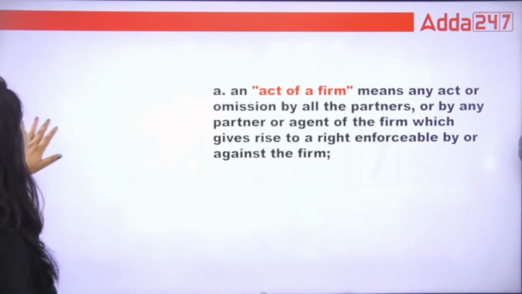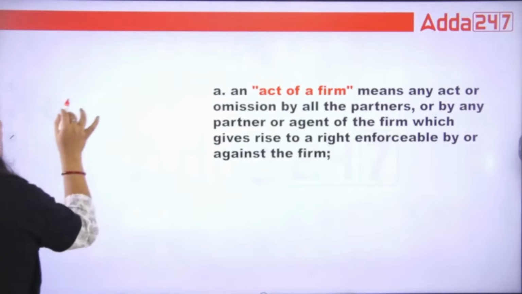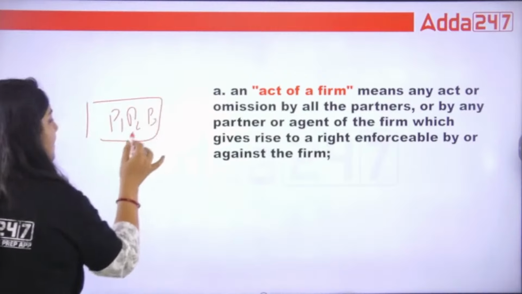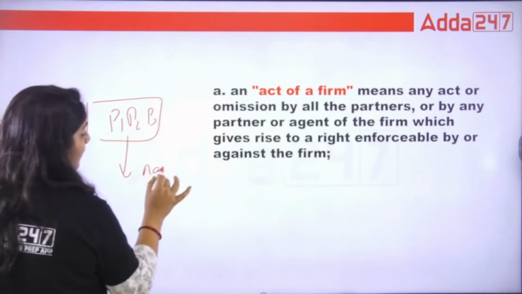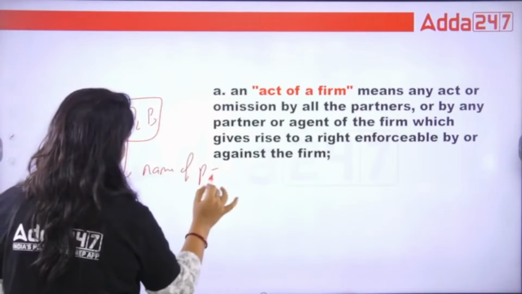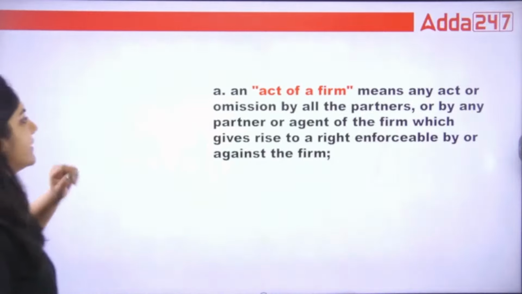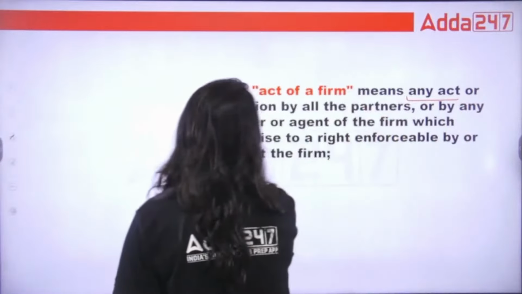Okay, so what is act of the firm? And always remember, if these are the partners, the partners have to do business in the name of the partnership firm. This is very important. So what is act of the firm? Act of the firm means any act or omission.